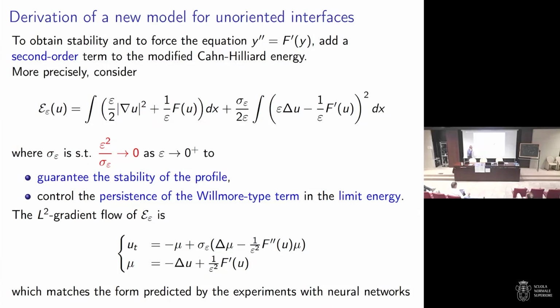If you want to make it disappear, just have sigma epsilon go to 0, and it will disappear in the limit. So the L2 gradient flow of this energy is actually the classical perimeter plus Willmore phase field approximation, except that you have this, and you can study the evolution of that. You can study, sorry, not the flow so far, we are far from that, but we can study the gamma convergence of this energy.